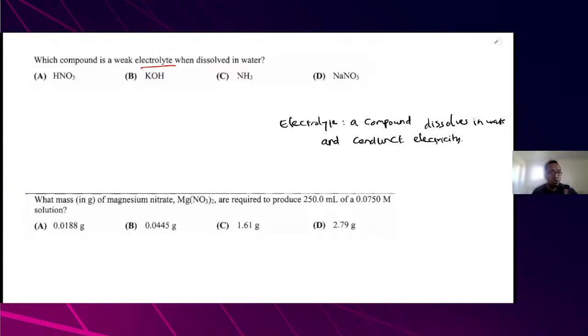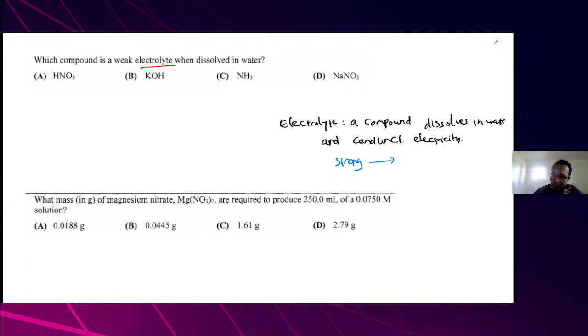All right. So now we know that electrolytes have different types, such as strong electrolyte and weak electrolyte. First of all, strong electrolyte. We discuss strong first.